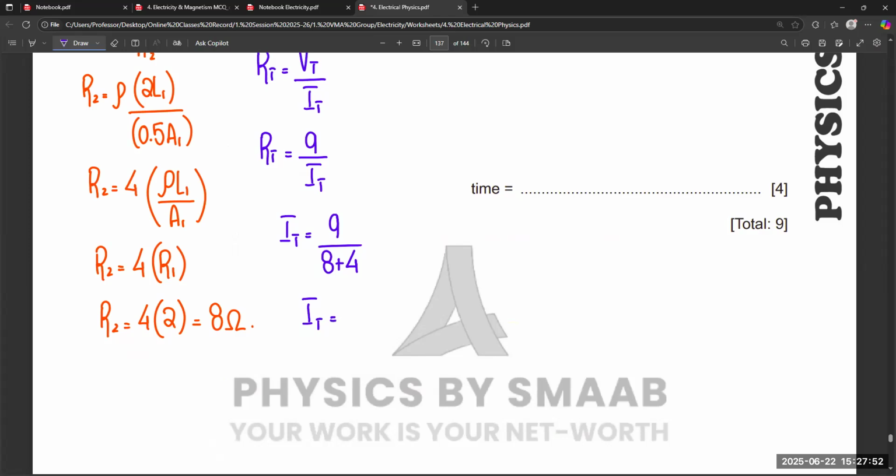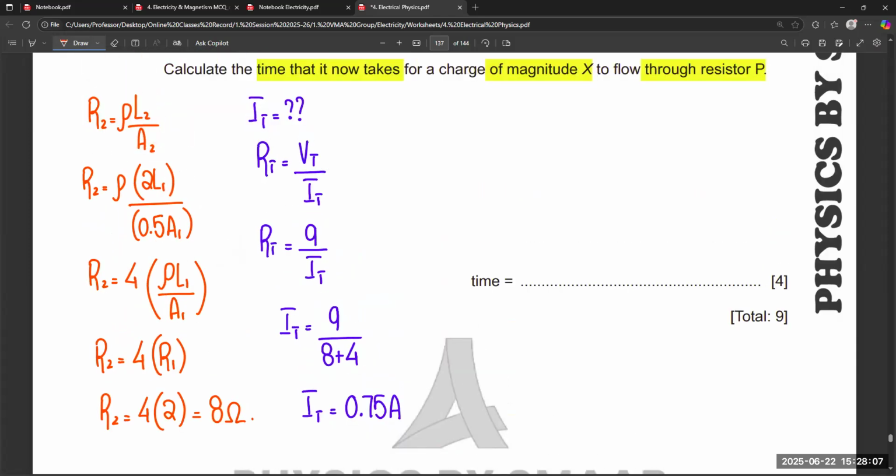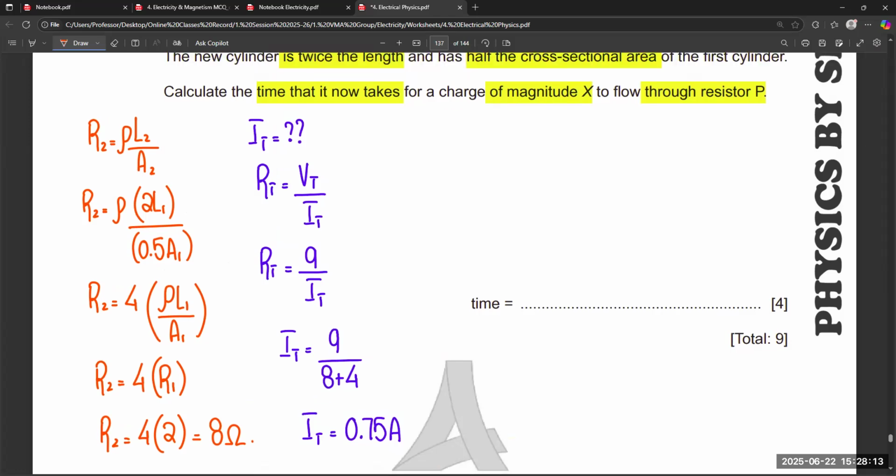So the final value of the current is 0.75. Right? So this is the value of the new current in the circuit. And finally, we can find out the time because charge remains the same.